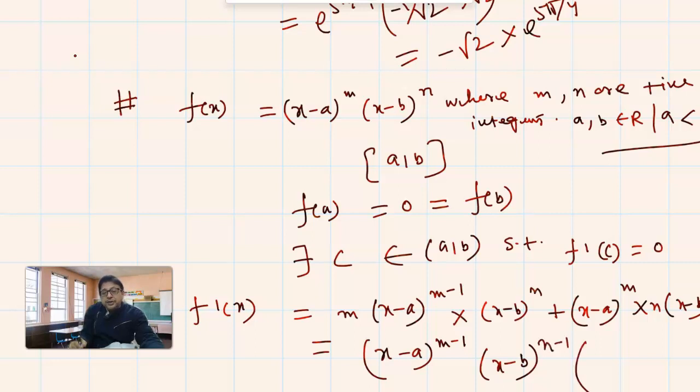So this changes to m into (x minus b) plus n into (x minus a).